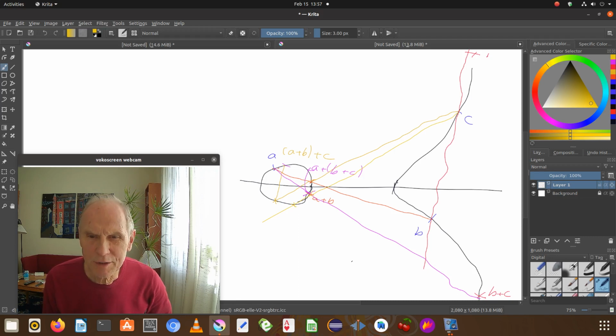So that means that these 2 points, the yellow one, (A plus B) plus C, should go through the same point as A plus (B plus C).